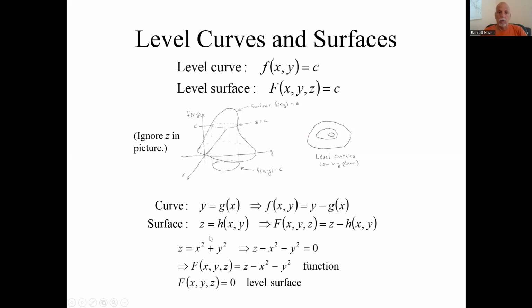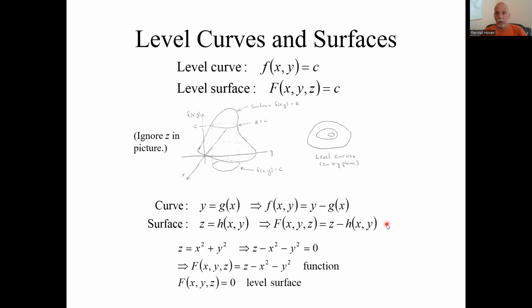If I had three variables and I had, for example, a z given as some function of x and y, you would form this level function by subtracting the right side from the left side again. If I set this equal to something, I would get a level surface. Here, when I only had two variables, I got a level curve.